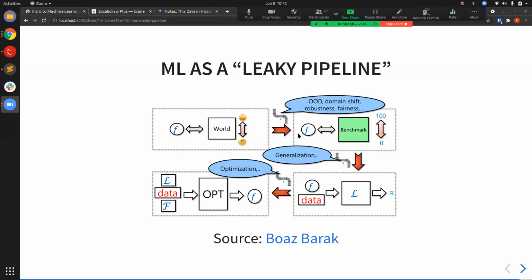What do I mean by a leaky pipeline? Well, between the real world and our benchmark task, there are many differences. In the real world, the distribution of what digits look like might be very different from the benchmark data set I've collected. What if the benchmark data set is only from people who have English as their first language?